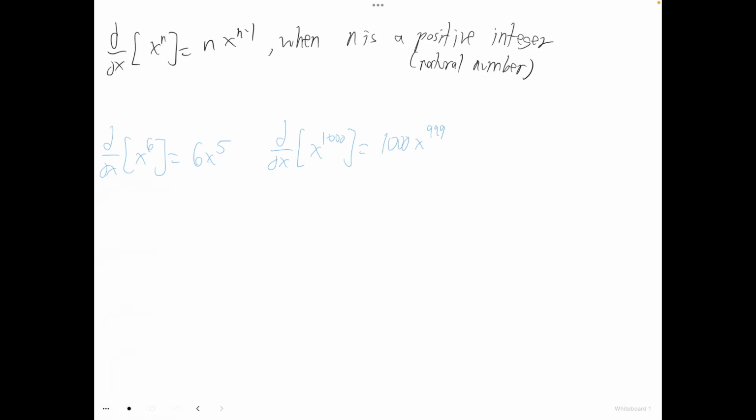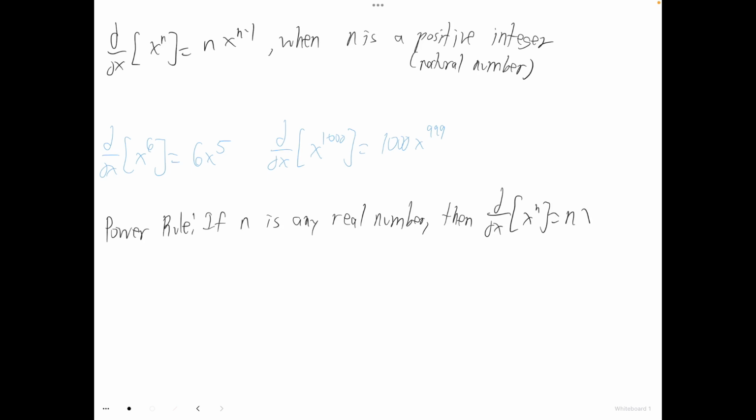Now, we don't have all of the tools to justify the next thing that we're going to mention, but this rule actually applies when n is any real number, and this is what's called the power rule. So the power rule for derivatives says if n is any real number, then the derivative of x to the n equals n x to the n minus 1.